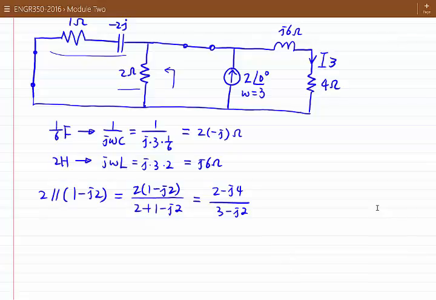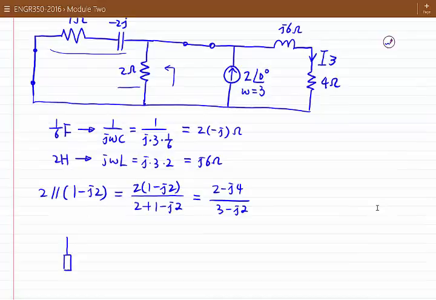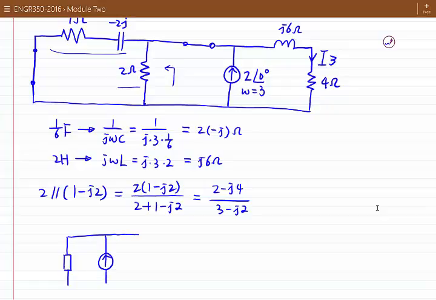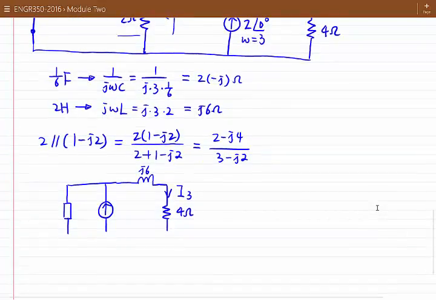Okay, so now we can redraw the circuit. We have a total equivalent impedance for the paralleling branches, and then we have the current source, and then we have j6 ohm impedance for the inductor, and here we have a 4 ohm resistor, and we want to find this branch current I3.